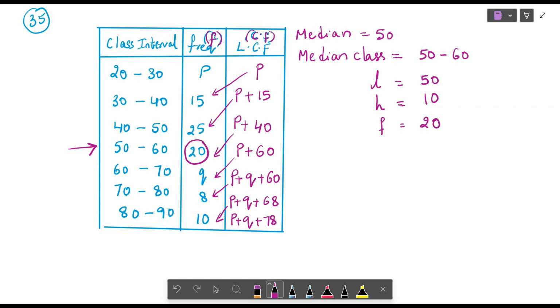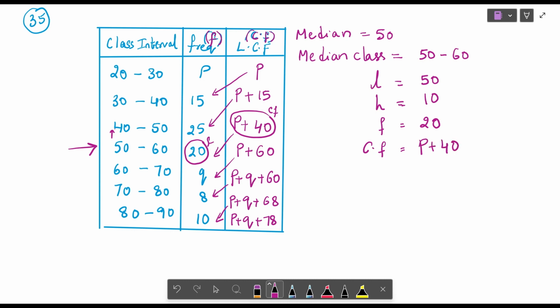Okay. Next we have to write the cumulative frequency. It will be the cumulative frequency of the preceding class interval, that is 40 to 50, so our cumulative frequency will be P plus 40. Did you understand, students?